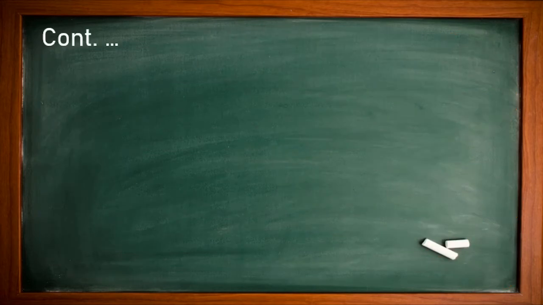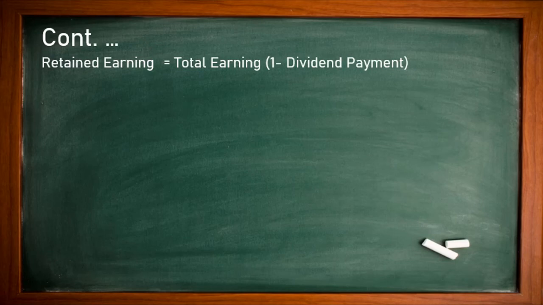First, we have to identify the retained earnings. Retained earnings is total earnings multiplied by 1 minus the dividend payout ratio. As you know, total earnings is based on 40 million of sales multiplied by 5%, and the dividend payment is 50% of total earnings.